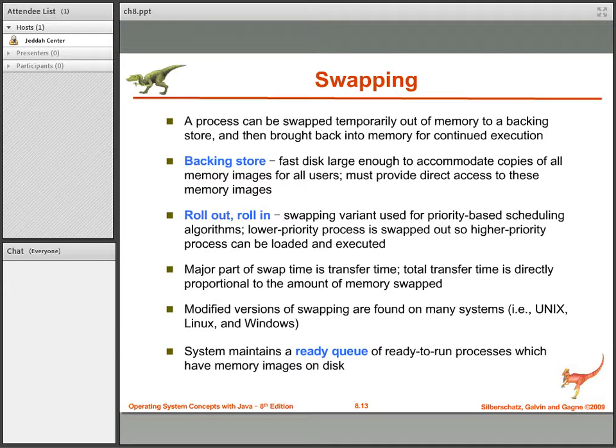In this case, the higher priority process is loaded into the main memory. It gets executed, and when it is completed, then the low priority process can be brought in, and it will take its turn in execution.